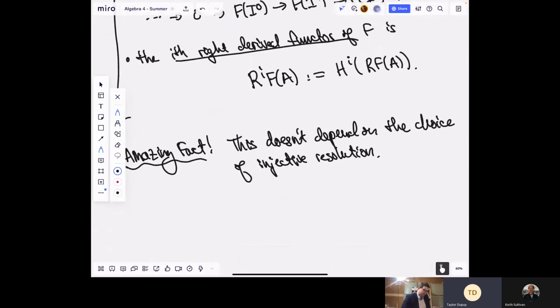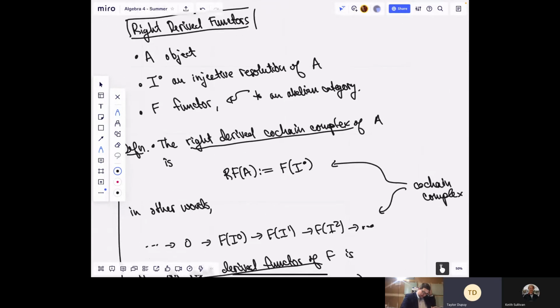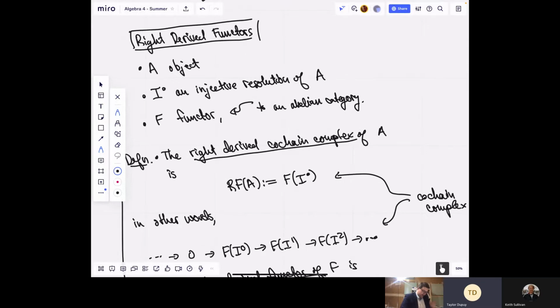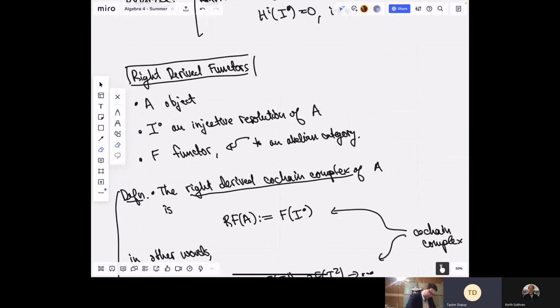Okay, so that's a theorem. So yeah, you take an injective resolution. So a left derived functor is going to be very similar. So let's do left resolution.